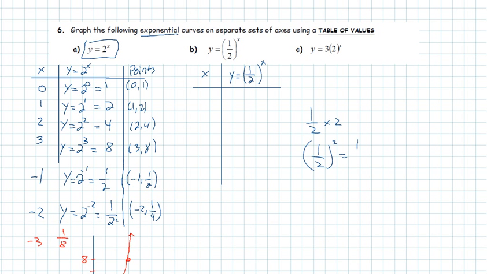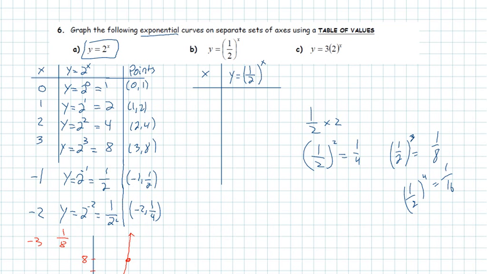What am I going to get? 1 over 8. What if I pick 1 half to the power of 4? Can I graph these numbers? No. Are these easy numbers to graph? So if I pick 1, 2, 3, 4, my numbers are going to be very tricky to graph. I won't be able to graph them properly.